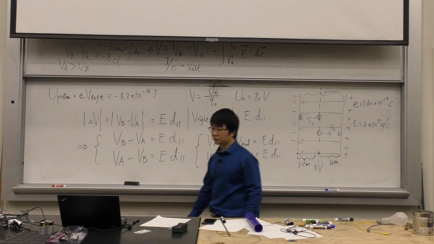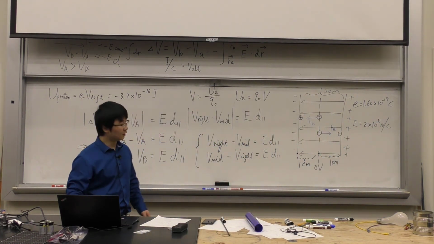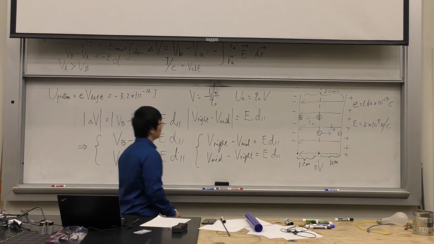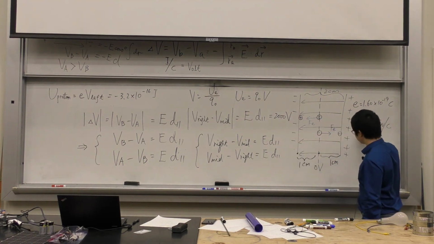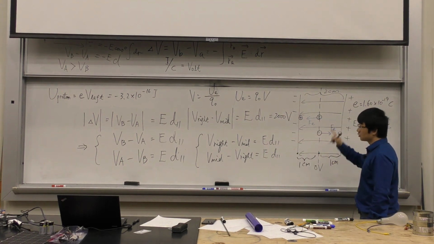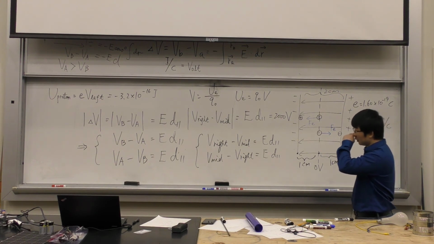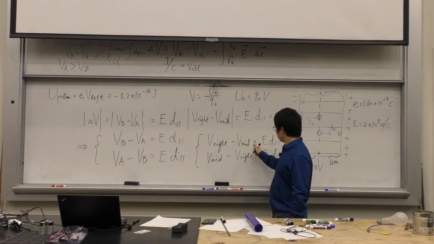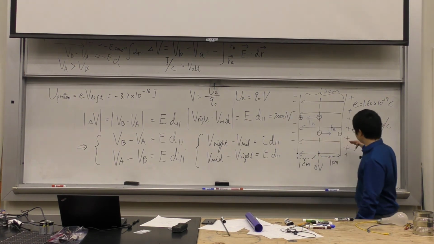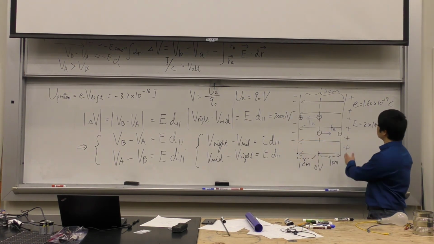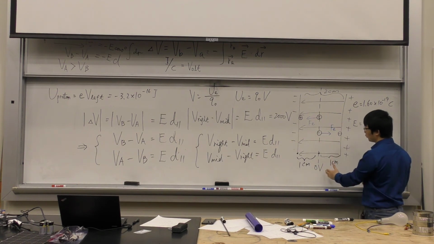Now I can pause the video, do the algebra. All right, so let's see. This number is still going to be 2000 volts, right? Because you get the same electric field at the same distance in this question. Now, which equation is the right equation I should pick? The direction is in that direction, so between the right plate and the middle point, which one is higher?